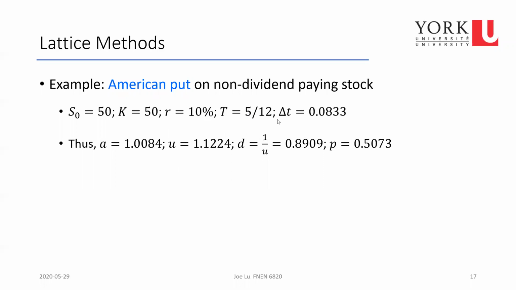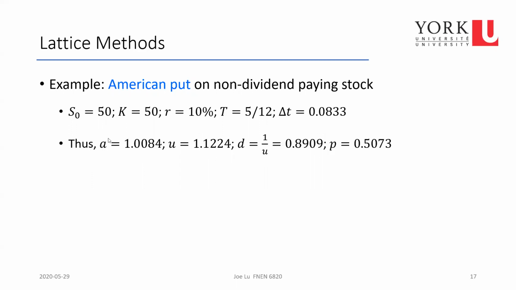Typically in practice, you probably have a lot smaller delta t here. But as an illustration, we can choose a delta t that is relatively big.